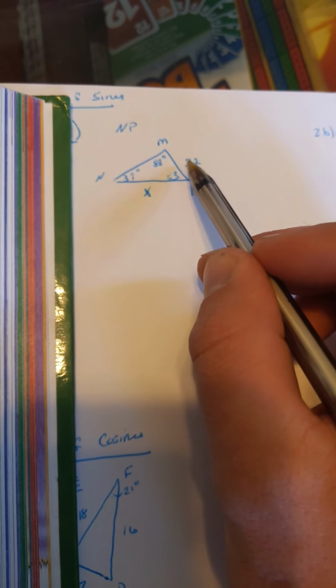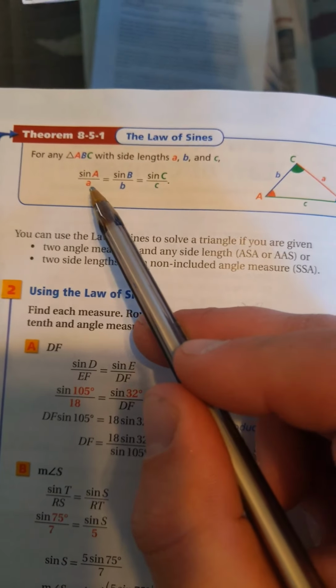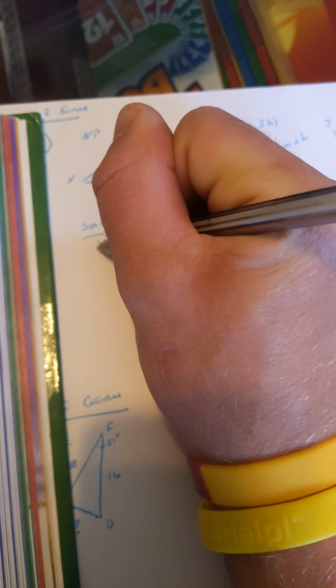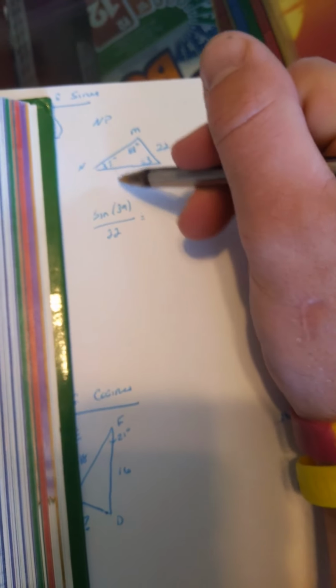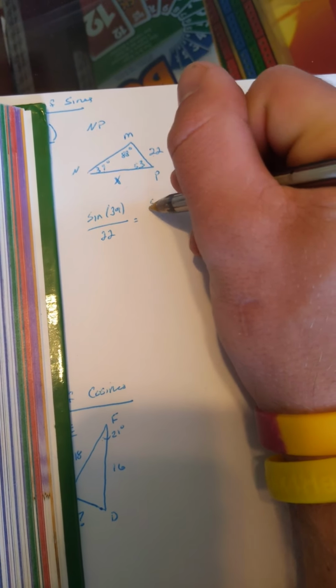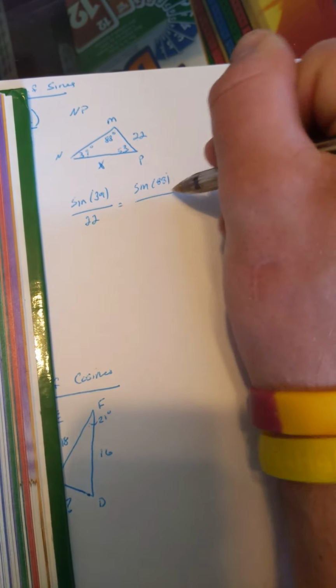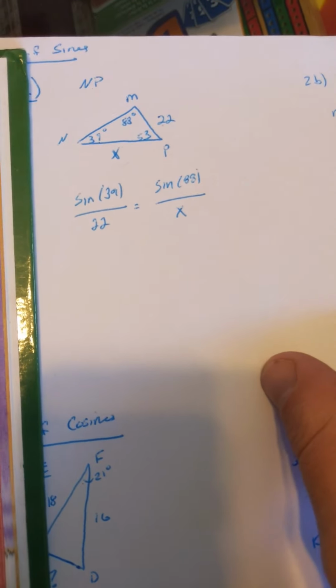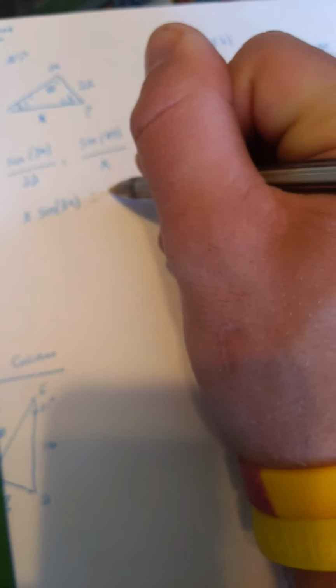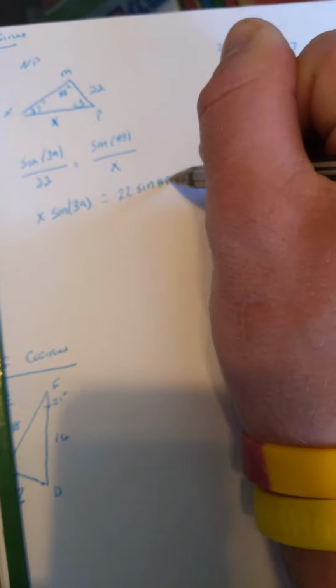We have 39 degrees opposite this side length. If we look back at the text, notice the sine of an angle must go with the opposite side length. So the sine of 39 over 22 equals, now this is the x that we're looking for, NP. Opposite it is 88 degrees. So sine of 88 over x. We have a proportion. Cross multiply and divide. We've got x sine of 39 equals 22 sine of 88.